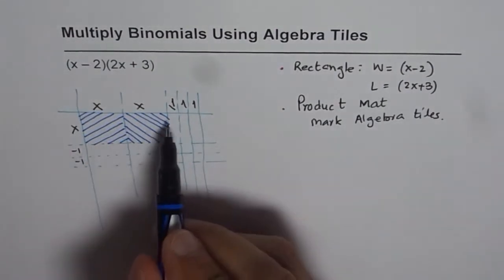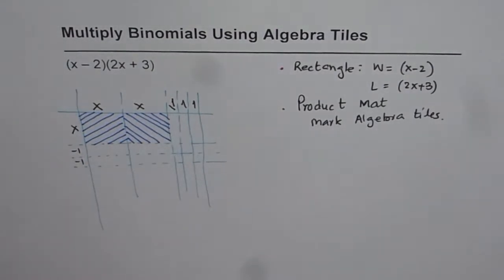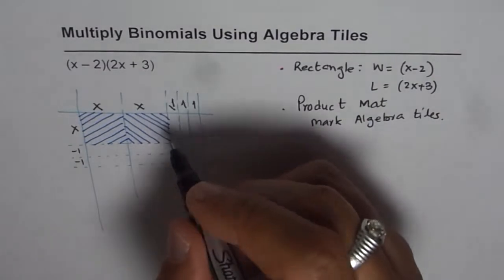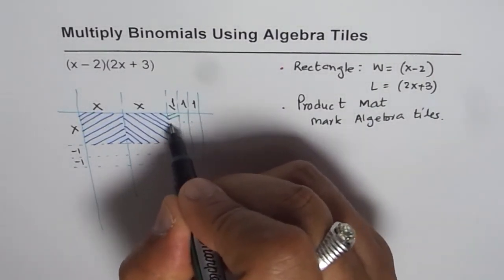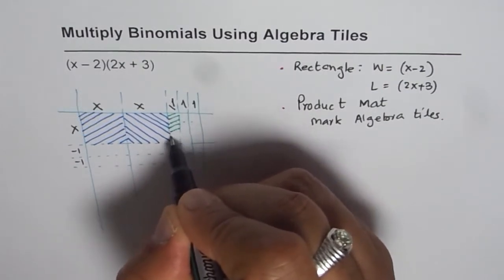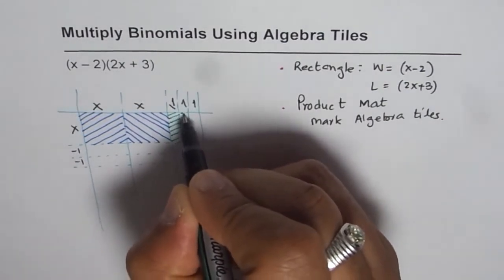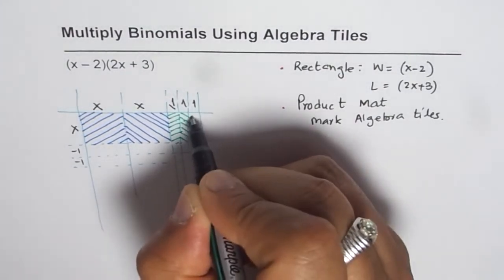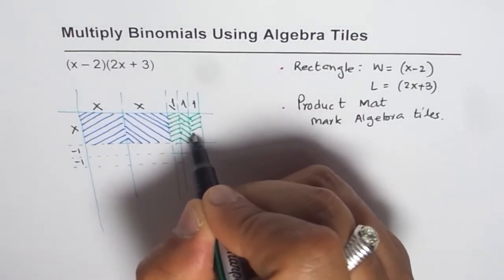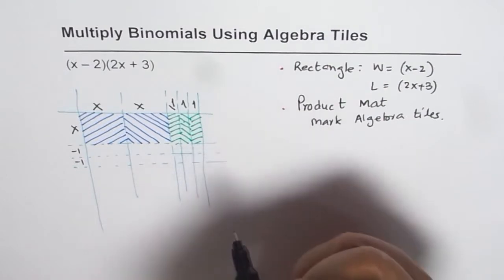Then we have x times plus 1. So that is 1 x tile. So there are 3 of these x tiles, which we are using green color for x tiles, positive. So that is our positive green tiles, which represents x.